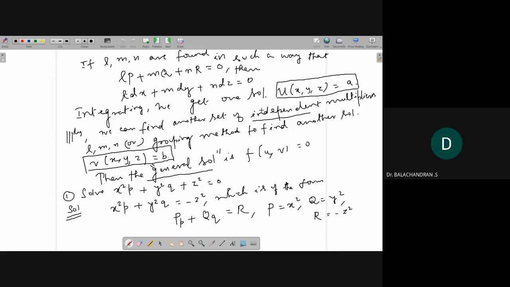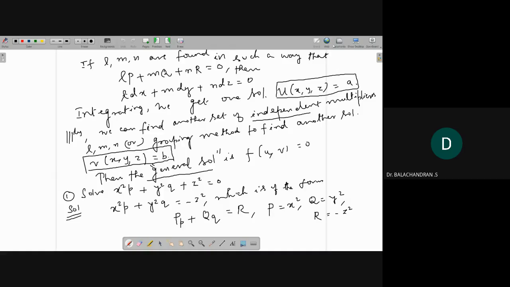Sometimes for both u and v you can use the method of grouping. Sometimes to get u you can use grouping and to get v you can use multipliers. Sometimes for both cases you need to use multipliers. So it depends upon the problem and the situation. I explained one problem.